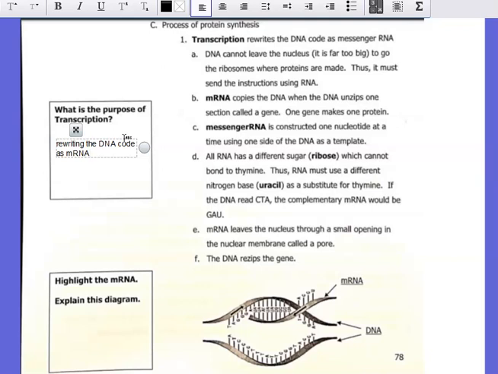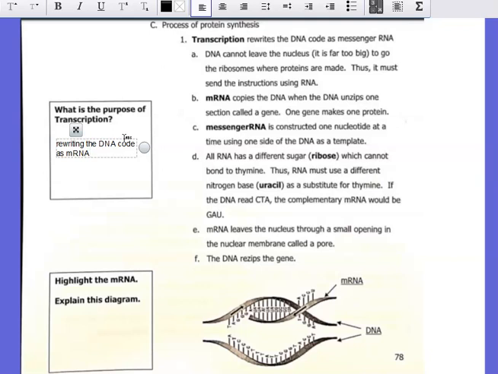That mRNA copies the DNA when your DNA unzips one section called a gene. So just like with DNA replication, you have an enzyme that's going to unzip your DNA. One gene makes one protein. So that means every single trait has its own gene. You've got millions of genes in your body.